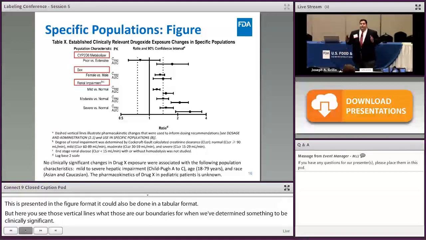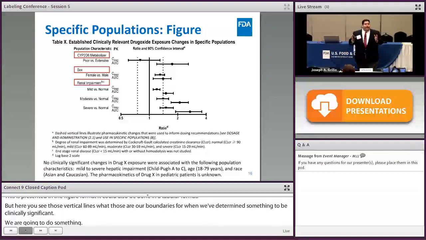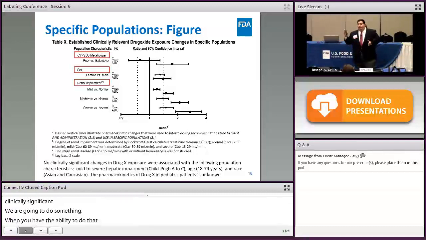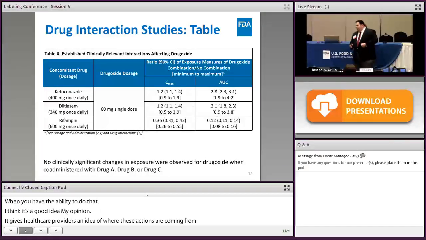Where you have the ability to do that, I think it's a good idea, my personal opinion, because it really gives healthcare providers an idea of where these actions are coming from in the other sections. So it's very helpful when we have those. Sometimes we don't have the ability to make those calls, but when we do, we should do that.